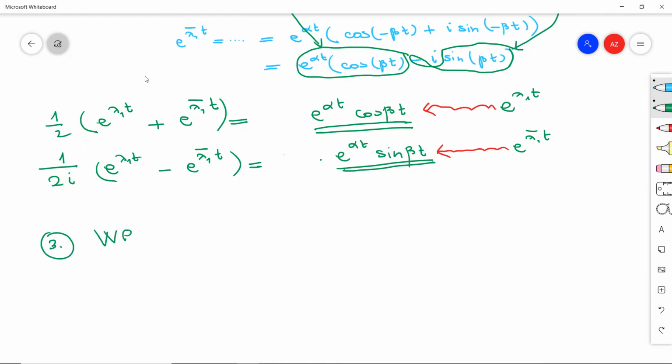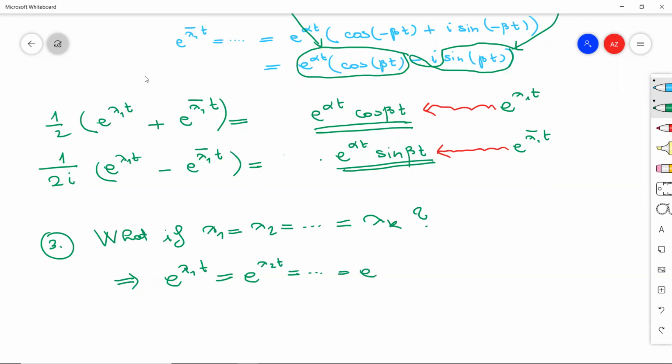What if some eigenvalue repeats? What if lambda 1 is equal to lambda 2 is equal to, and so on, lambda k? Then of course e to lambda 1 t is equal to e to lambda 2 t, and so on, e to lambda k t. So we don't get k different solutions, which we need.